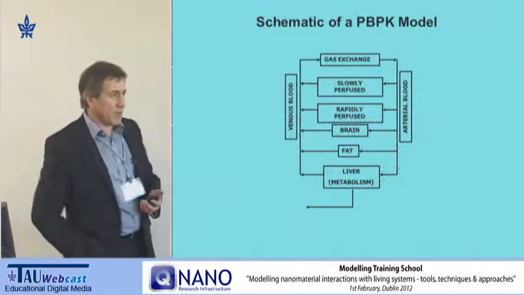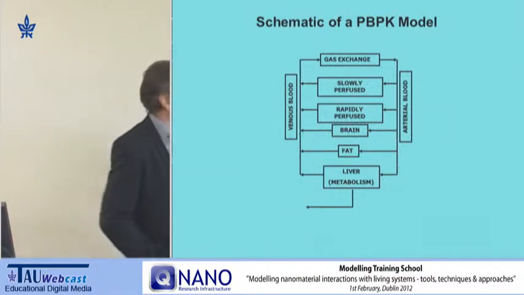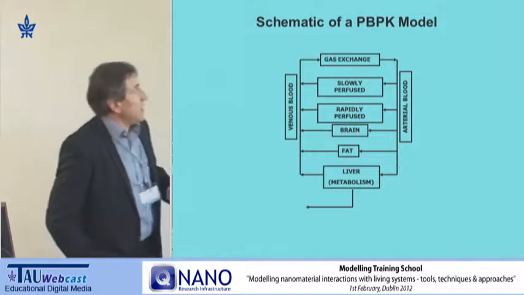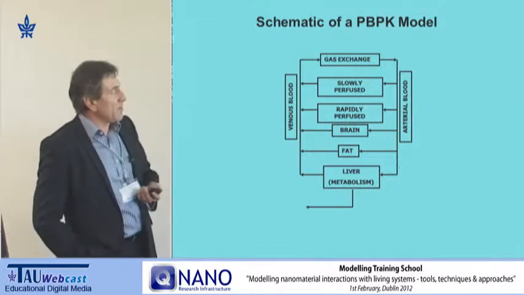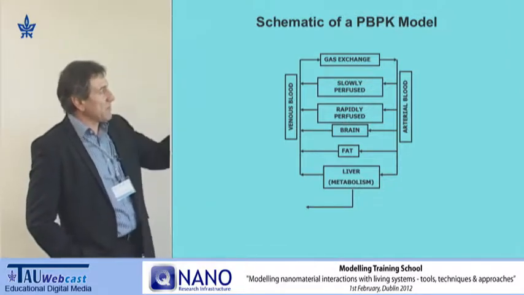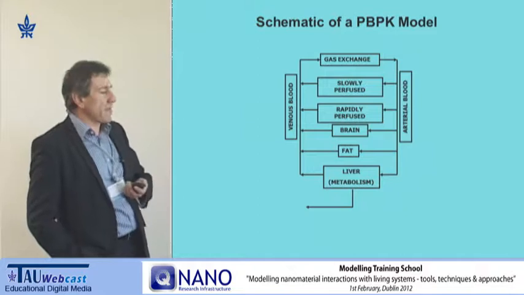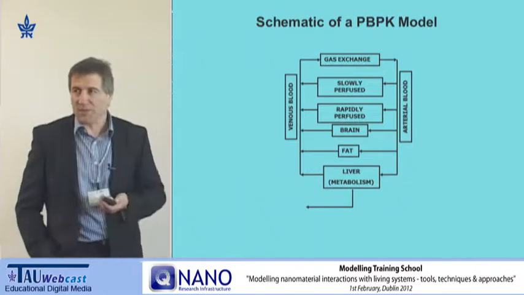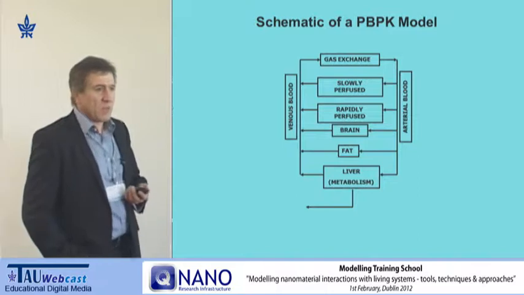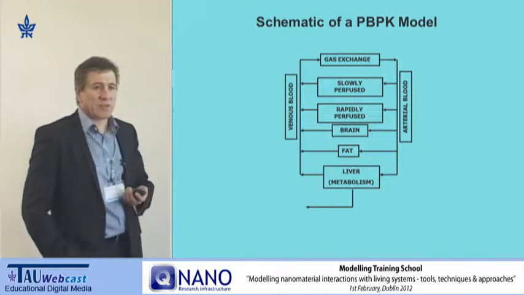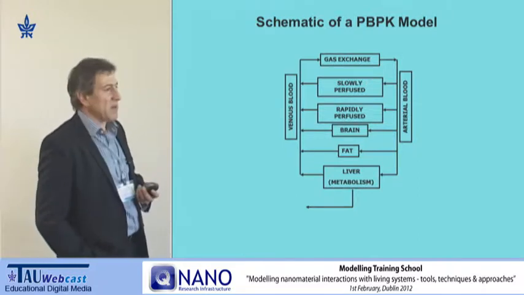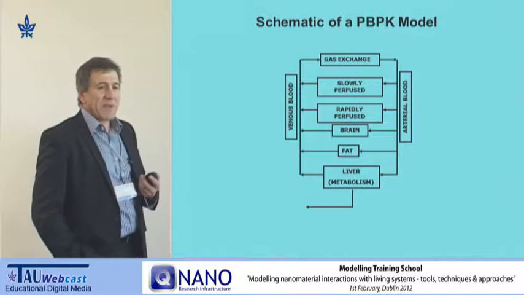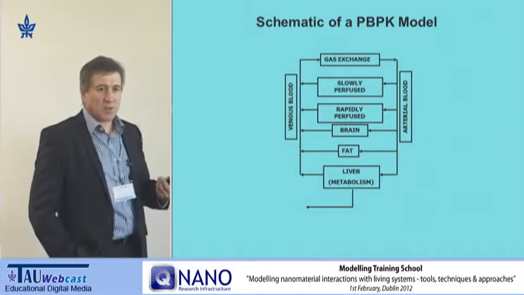This is how PBPK models are represented in the literature. You have these boxes where you have various organs represented. The liver is invariably represented in a PBPK model because the liver is the chemical factory of the body. It has by far more metabolic capacity than any other organ and tissue.